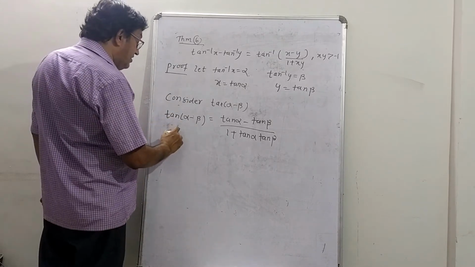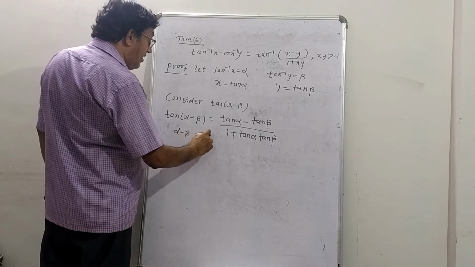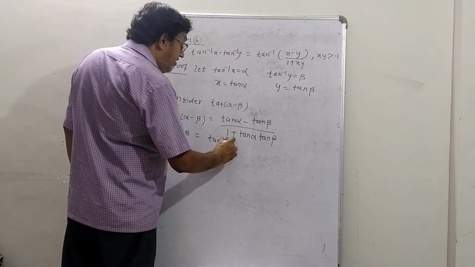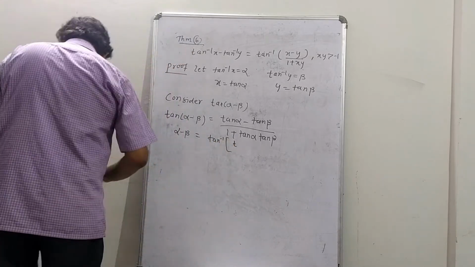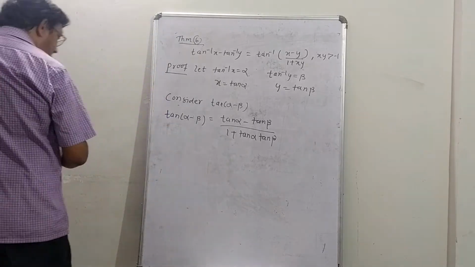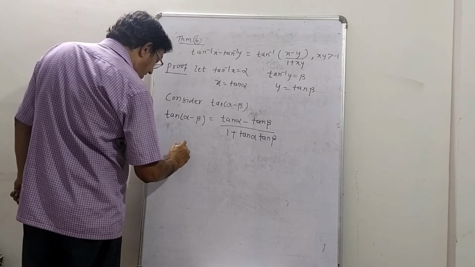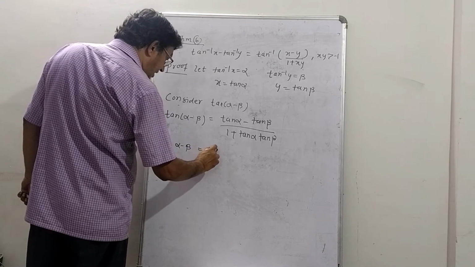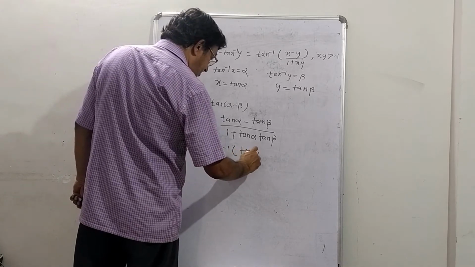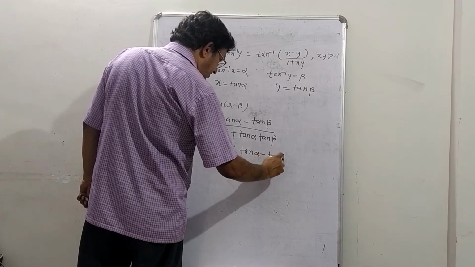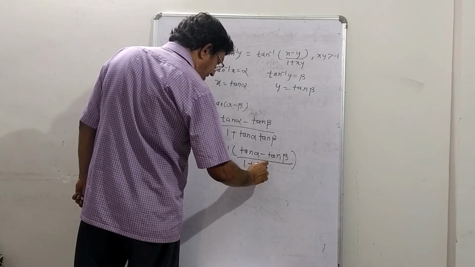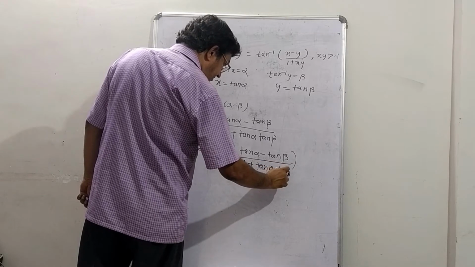Then we can rewrite this as alpha minus beta equals tan inverse of (tan alpha minus tan beta) divided by (1 plus tan alpha into tan beta).